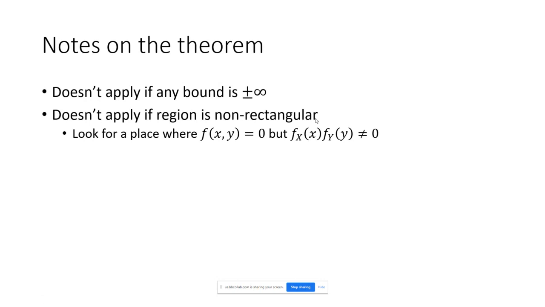If the density function is non-rectangular, meaning it's only non-zero when y is greater than x, for example, then you should look for a place where the joint density function is 0, like when y is less than x, but where the product of the marginal densities is not 0. Questions about that?